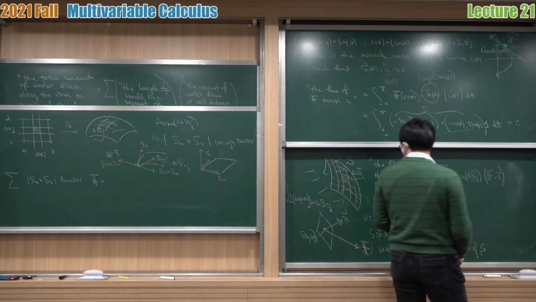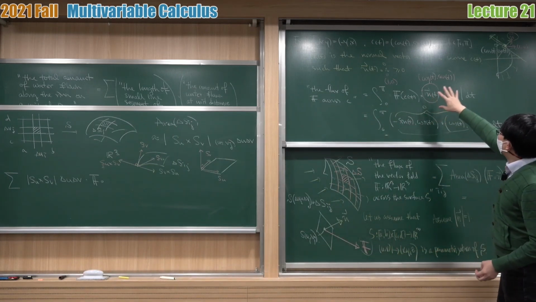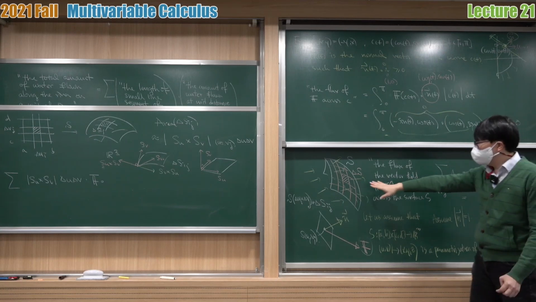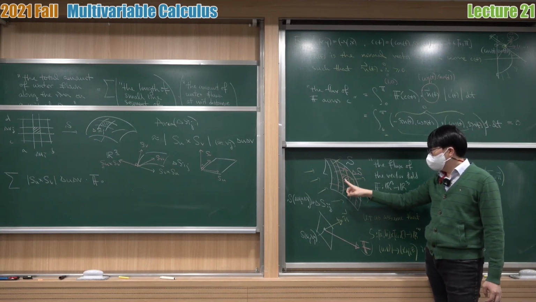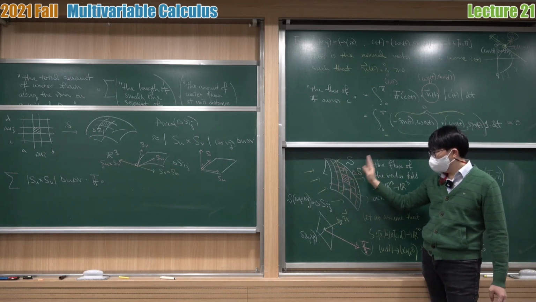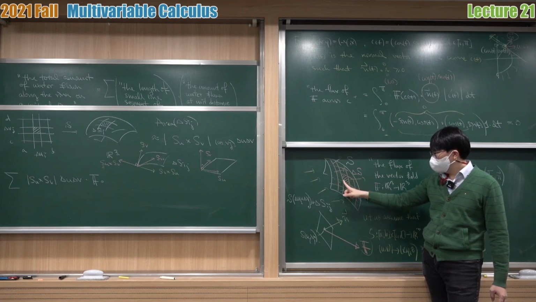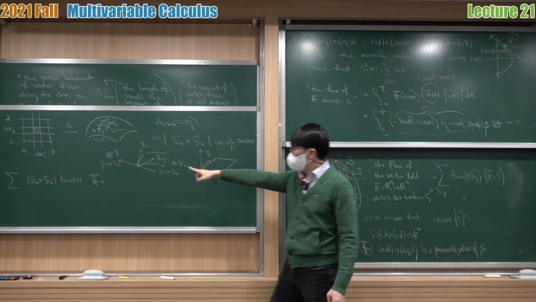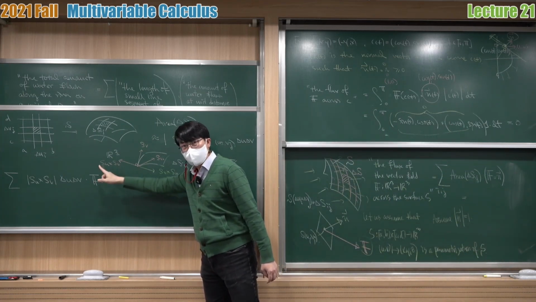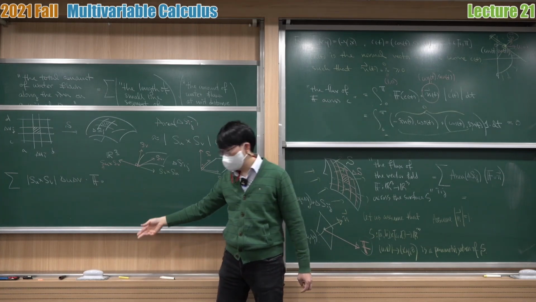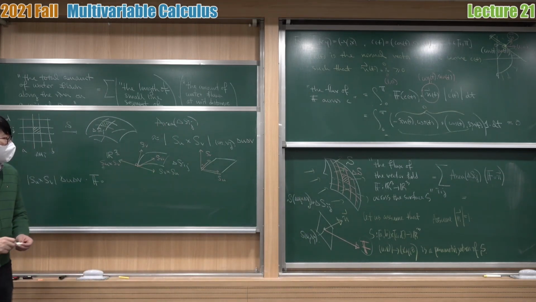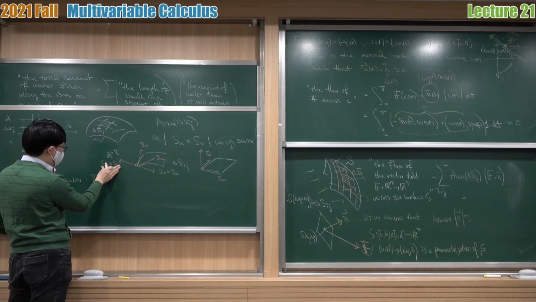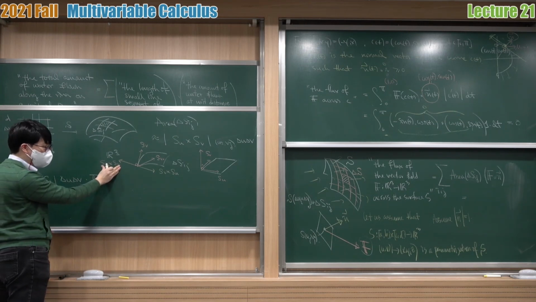So here, really we need to define our normal direction, but assuming that we have the direction in which we want to find the flux crossover, then you have to find out in which order you have to take the cross product between Su and Sv. I'm going to talk about it with a concrete example afterwards. So anyway, let's assume that we have this direction as our normal direction.